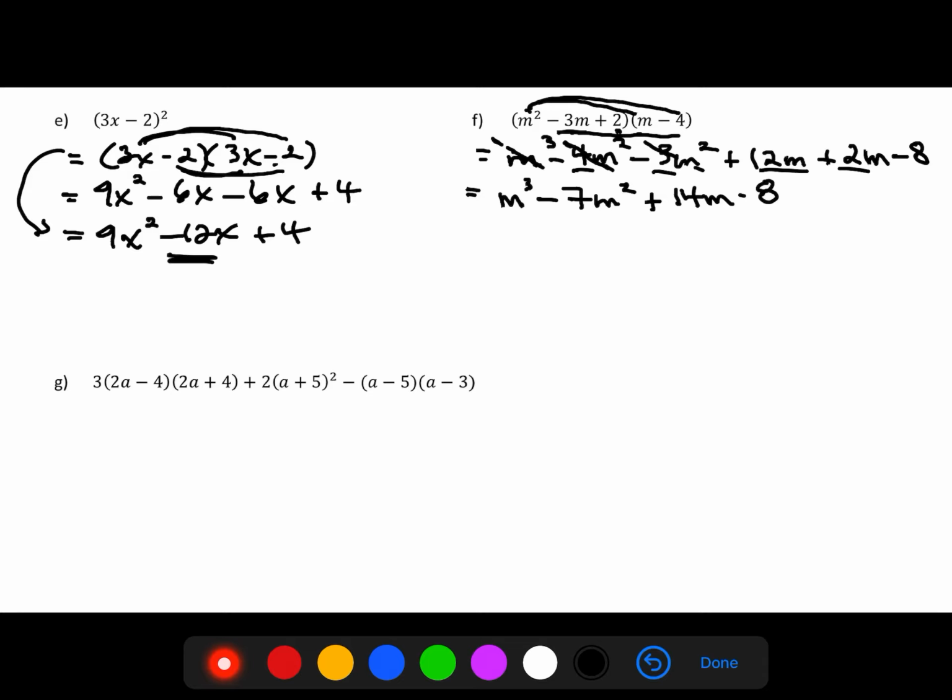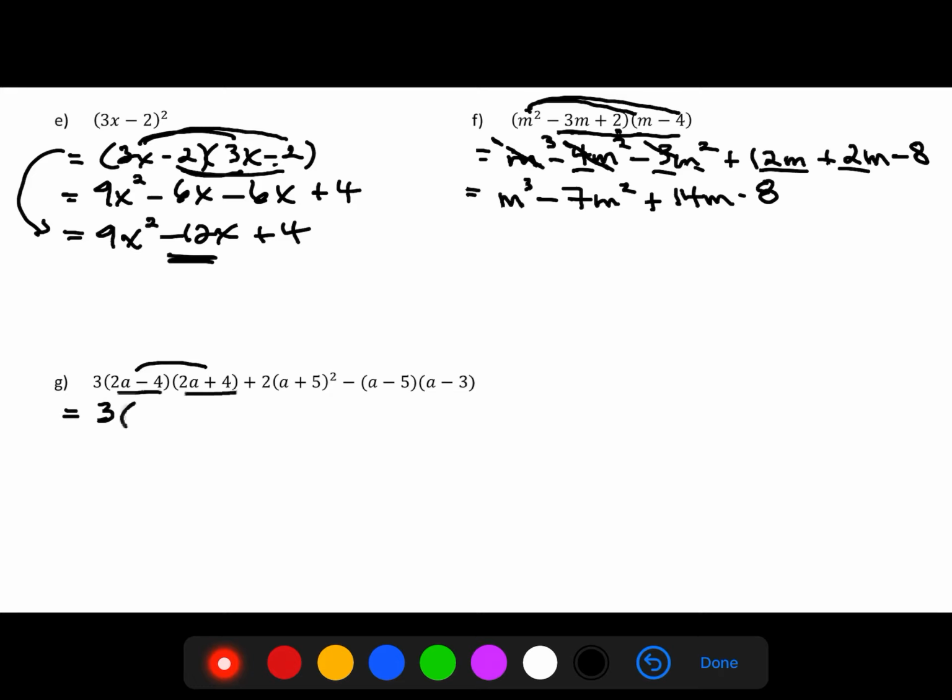Now, for part G, we're going to have to apply a bunch of these things. When we multiply our first 2 sets of brackets here, we're going to leave our 3 out front, and we're going to simplify our brackets to start with. So if we think about and notice that we have the same sets of brackets with 1 of each sign.